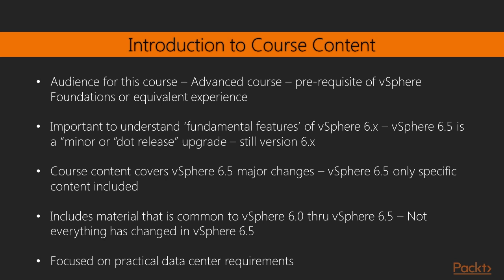But it does not mean that vSphere 6.5 changes everything in vSphere 6. There are advanced capabilities and new capabilities that have been added to vSphere 6.5. There have been some under the cover changes, especially in storage. There is a new VMFS version 6 file system as an example, and there has been a lot of tuning done as well.